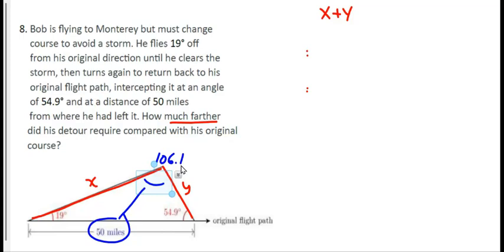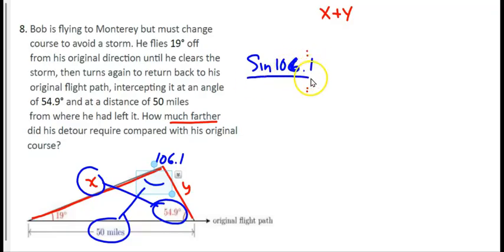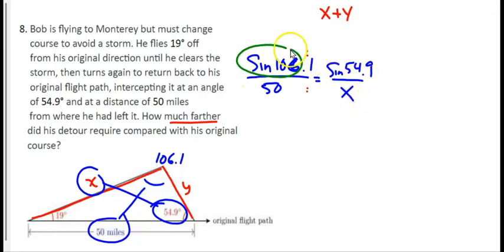So find x. We use 54.9, so sine of 106.1 degrees over 50 is equal to the sine of 54.9 over x. Cross multiply.